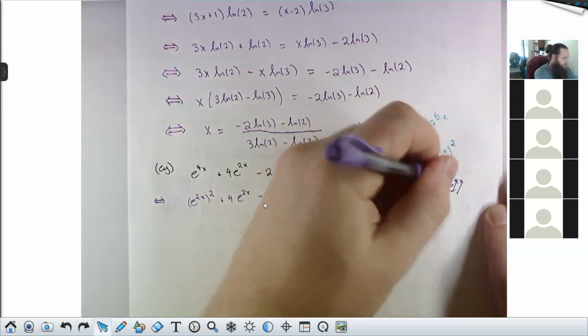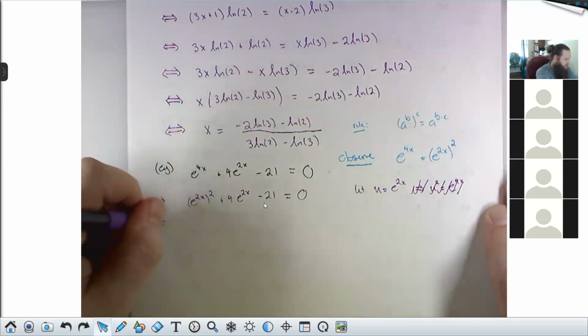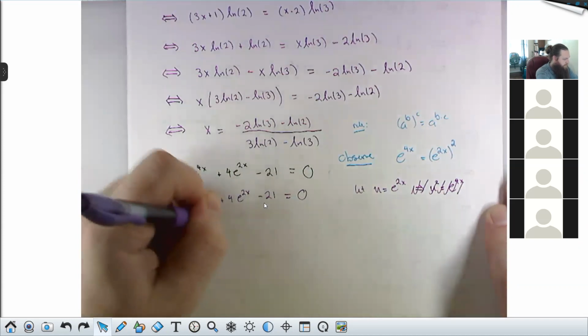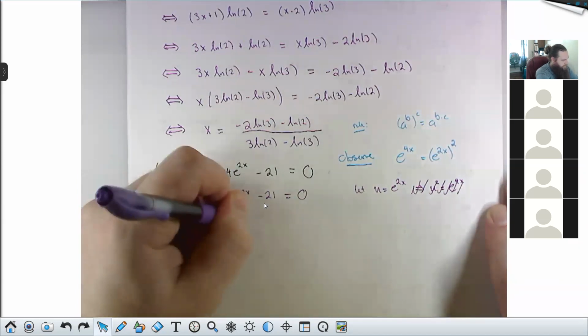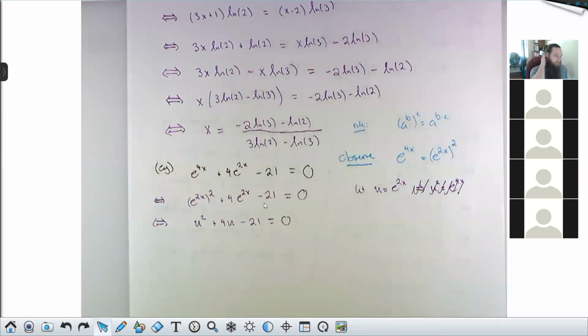Or even, we already wrote it like this, so you don't even need to think about it like that. But yeah, that's what's going on here. So this would be u squared plus 4u minus 21 equals 0. We're making a little substitution.